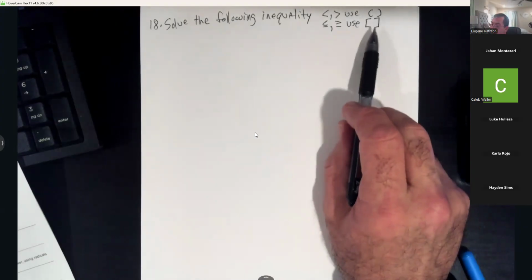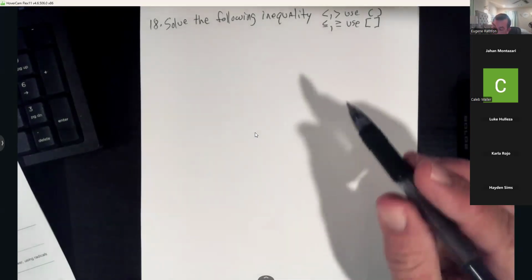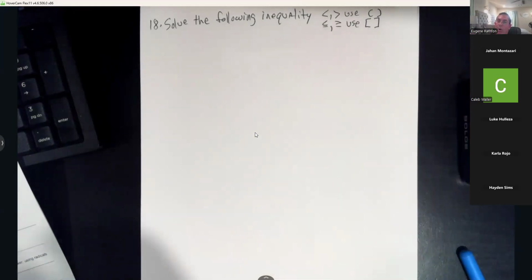So this would only be around the numbers if you got equals in them. Now on the test, they're all either going to be greater than or less than. You won't have equals on these three that I noticed. Okay? But in the homework, you did have, I think, one or two that had equals. So on those numbers, you would use the brackets on that, okay?